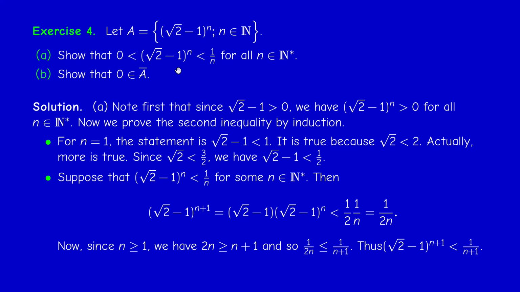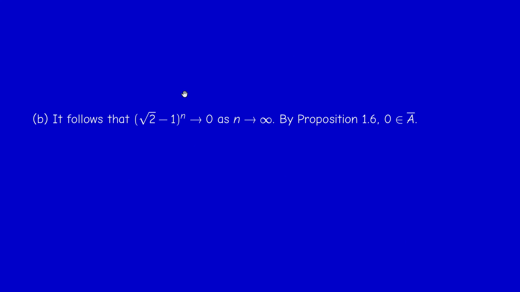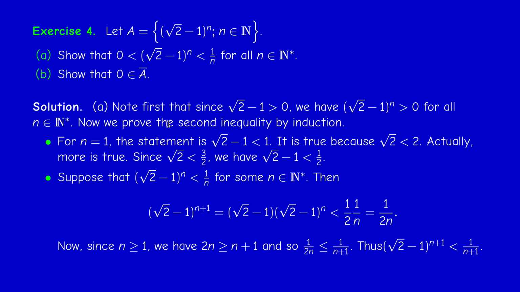So 0 is actually in A bar by proposition 1.6 because it's a limit of a sequence in A. Now, I don't really need this estimate to show it because I know that radical 2 minus 1 is less than 1. So it's positive, it's between 0 and 1. So when I raise to the power n, it tends to 0.